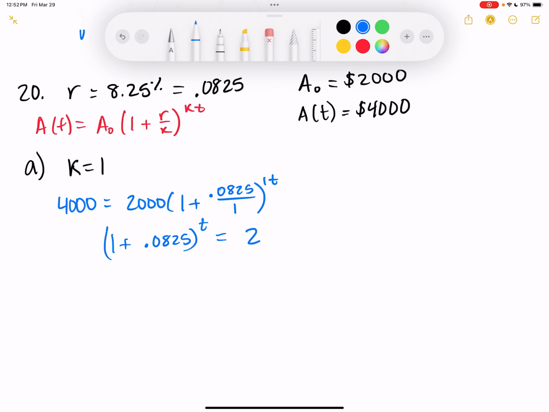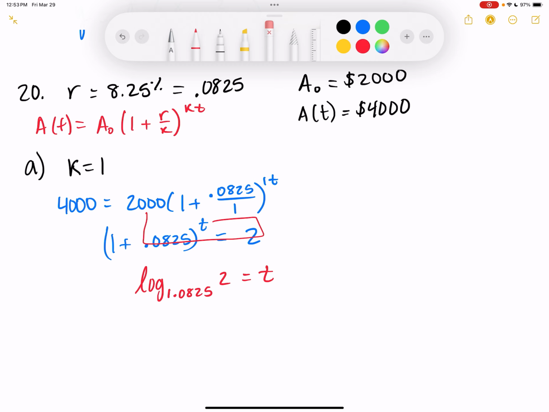It's an exponential, so I use a log to solve it. So I have log base 1.0825 of 2 is equal to T. And then you get to use your lovely calculator to find that number.